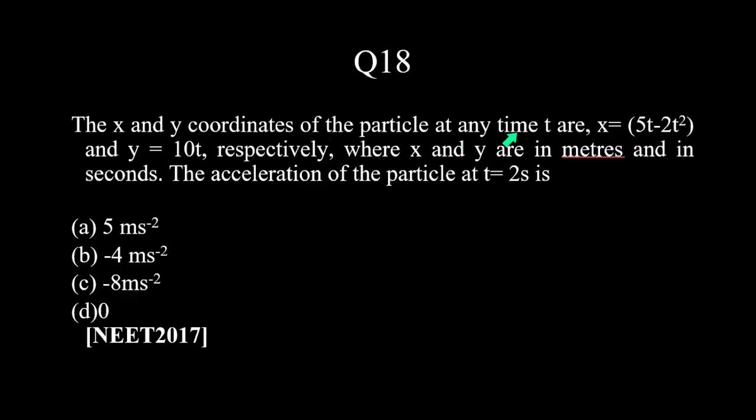The x and y coordinates of the particle at any time are x is equal to 5t minus 2t square and y is equal to 10t, where x and y are in meters and t in seconds. The acceleration of the particle at t is equal to 2 seconds.